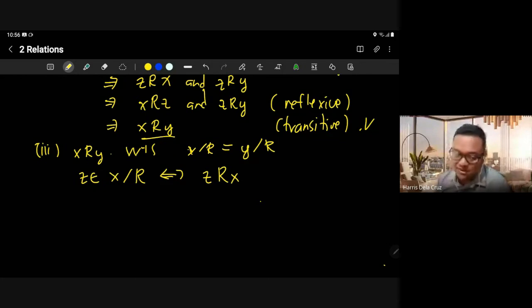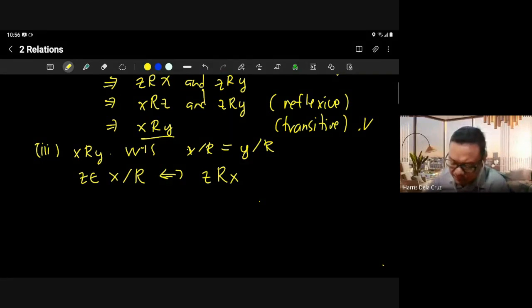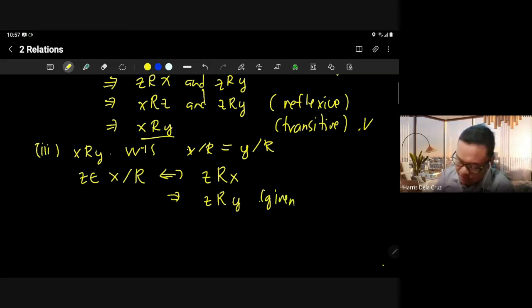Tama? Ibig sabihin, Z is related to x. Okay. Pero, ang given natin, si x related kay y. So, pag ang Z ay related kay x, tapos ang x ay related kay y, sabi ng transitivity, ang ibig sabihin nun, si Z must be related to y. That's the given.